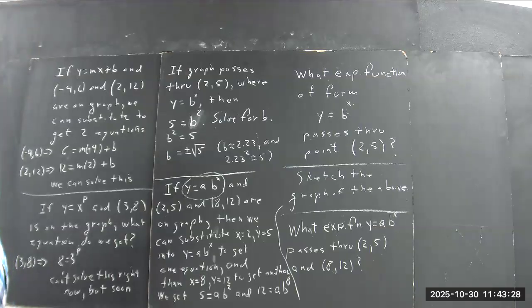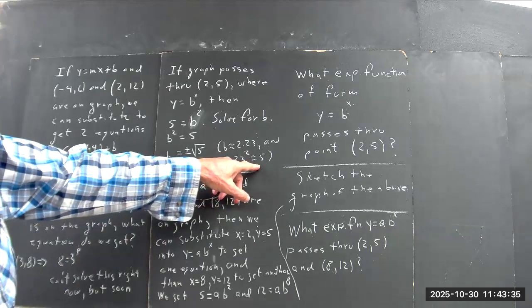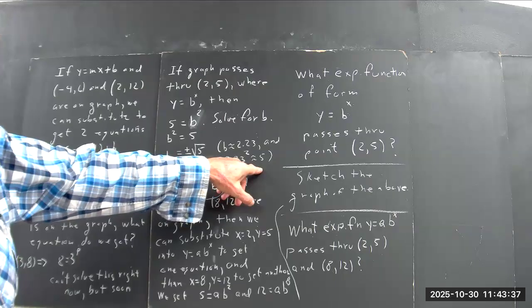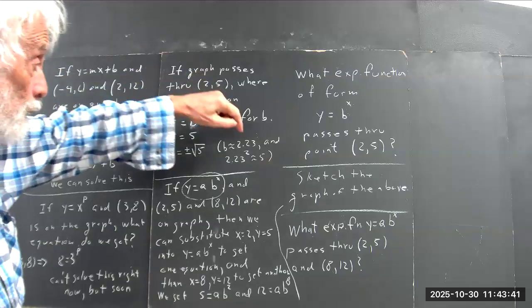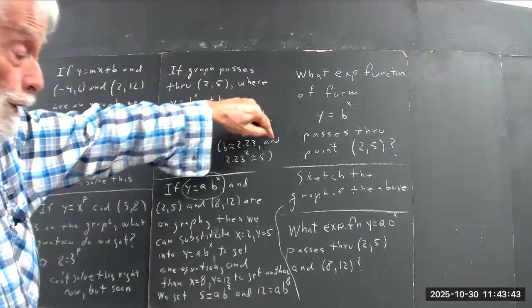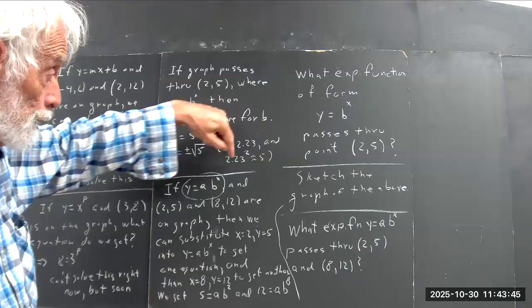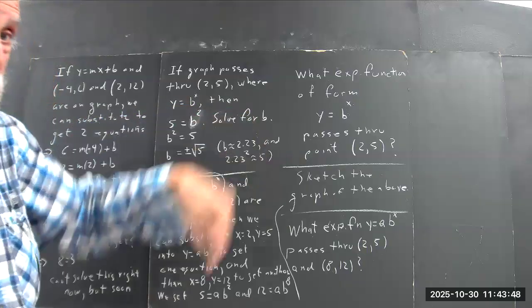Maybe it's like 4.97 or 4.98 or 5.01 or 5.02, but it's still real close to 5. And if you used your calculator, you could get a lot more decimal places, and when you square it, you get something a lot closer to 5.